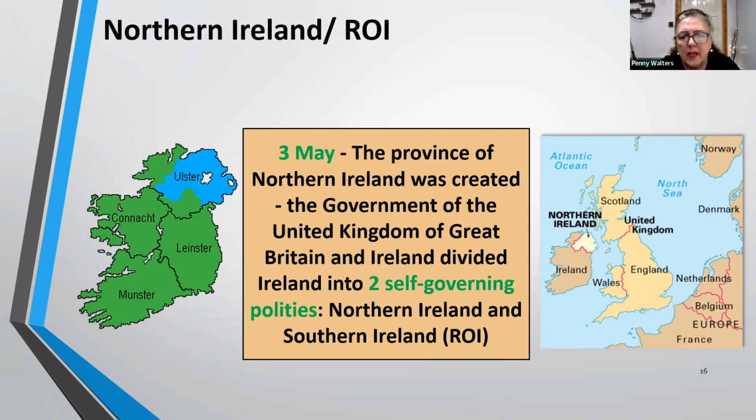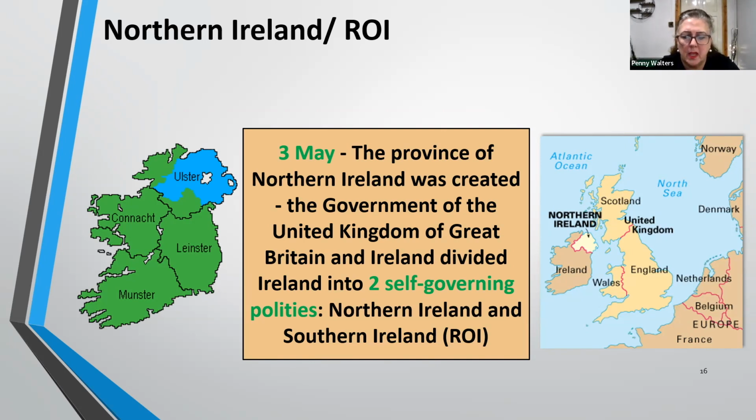The Republic of Ireland is part of the EU, and they have euros. Northern Ireland considers itself to be part of Britain, has British pounds, and is governed by the UK government.